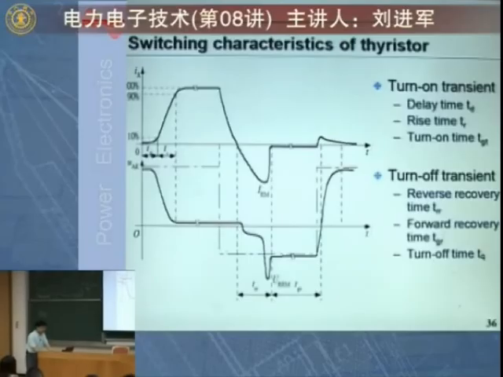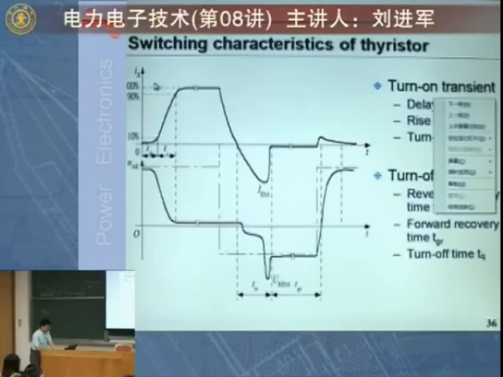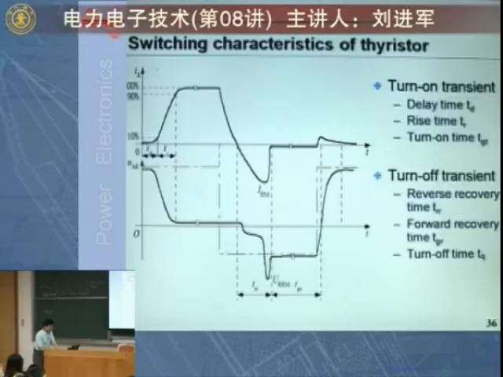Let's see, if we inject a gate current here at this time, that's the gate current, Ig.